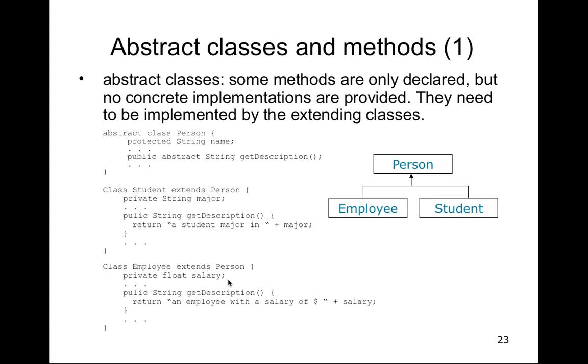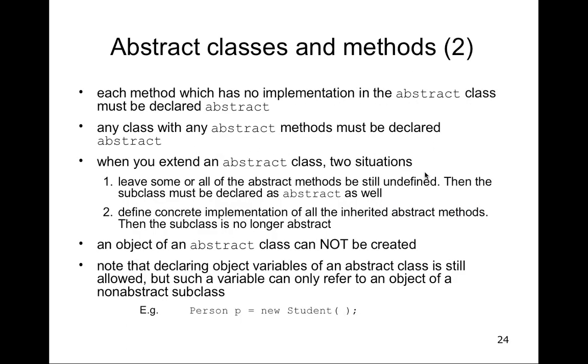Both employee and student implemented that method, so it's no longer abstract. There's a method body for it, which means we can take employee and student and upcast it back to person. It works because we've implemented it. If we haven't implemented it yet, then we're going to get really odd behavior.